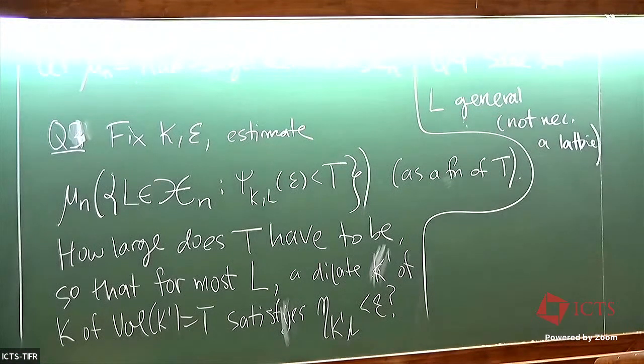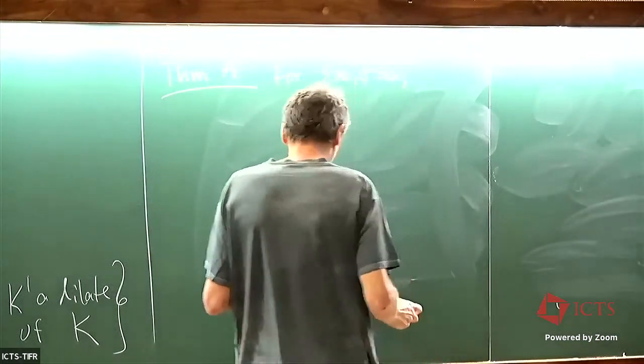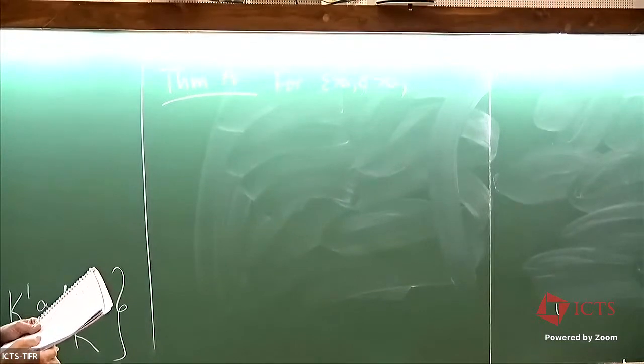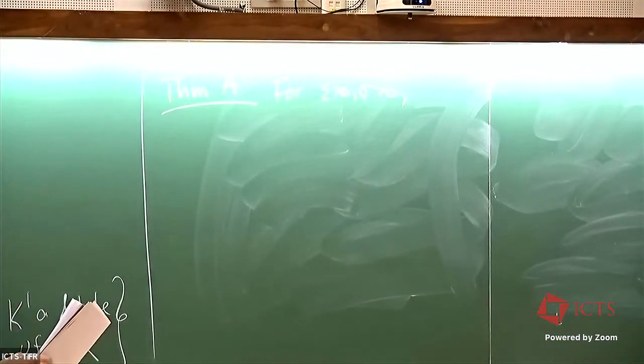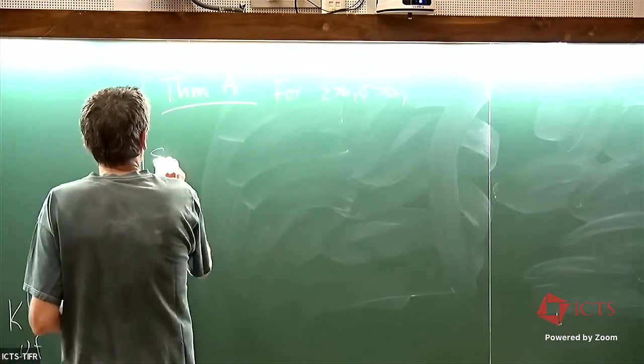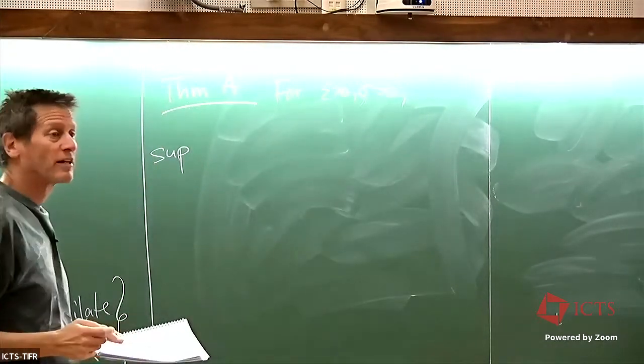All right, so Theorem A. This is going to seem a little bit technical, and I'll try to explain what this is talking about gradually, so don't be intimidated. We fix two parameters, epsilon and sigma.